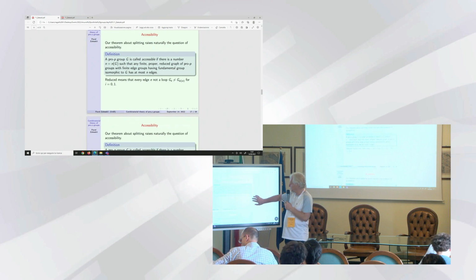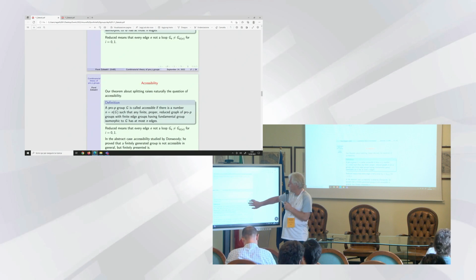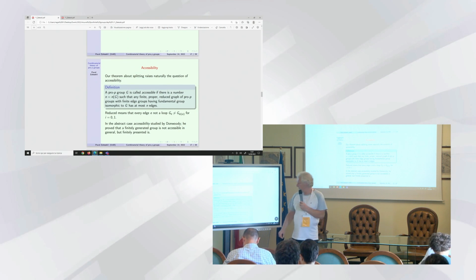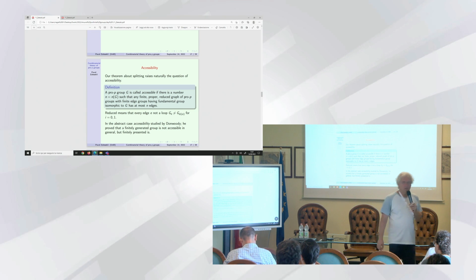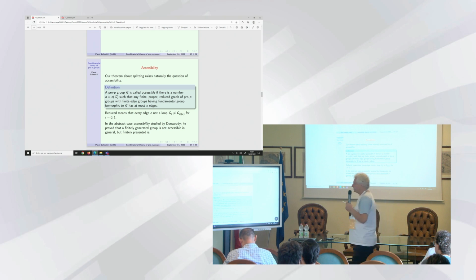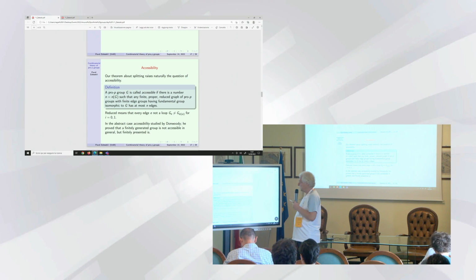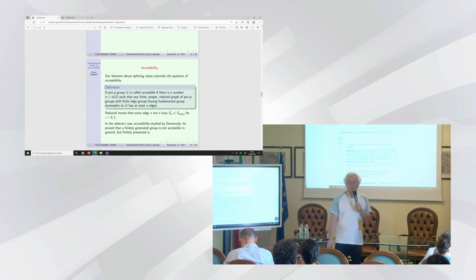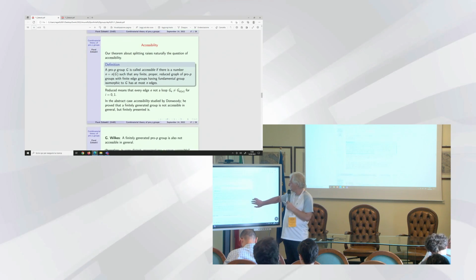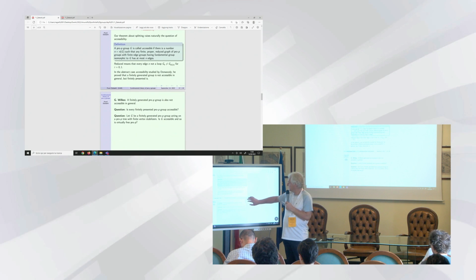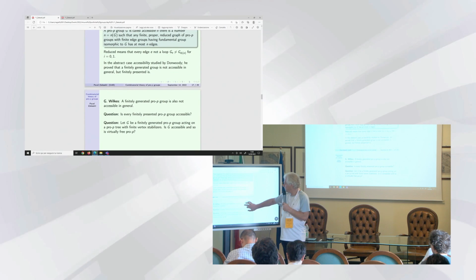Accessibility was studied by Dunwoody in the abstract case, and he proved that every finitely presented group is accessible, but finitely generated is not in general. That was a major contribution of Dunwoody in this case.